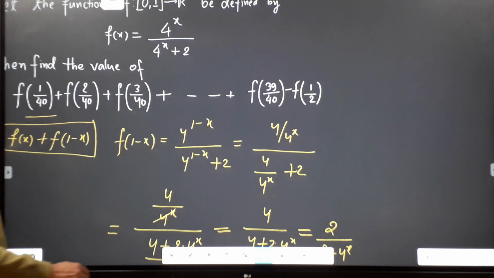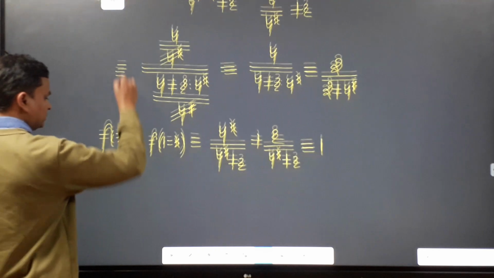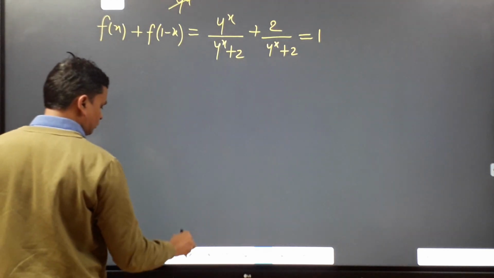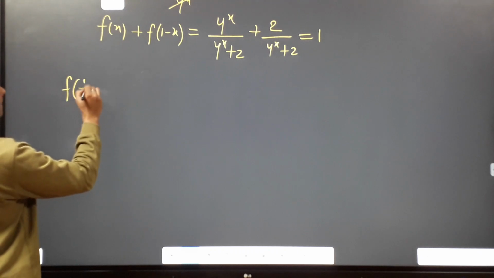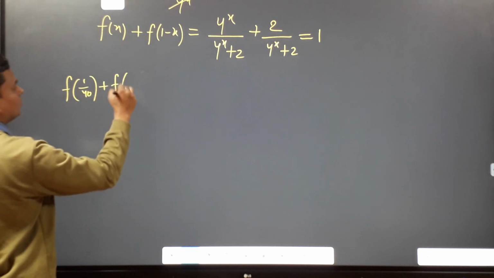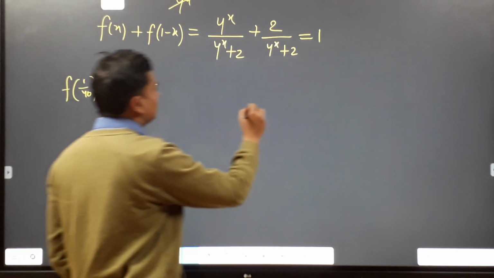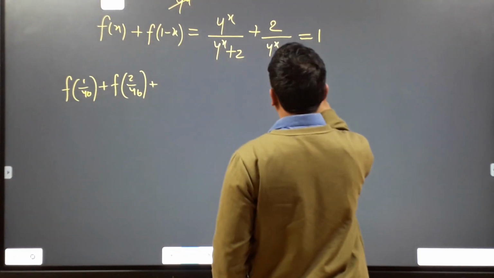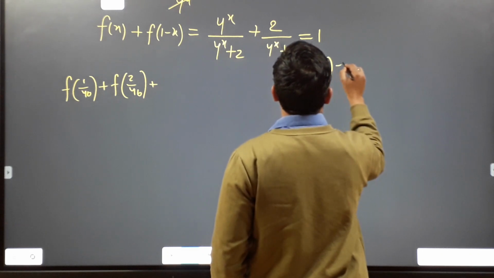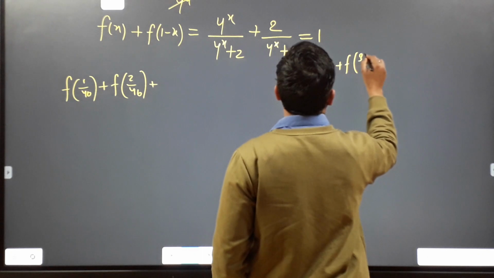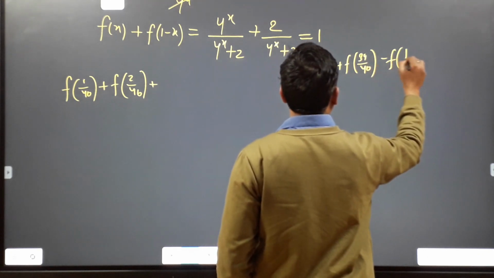Similarly, if we proceed, we have f(1/40), f(2/40), like this till f(38/40) plus f(39/40), minus f of half, which was given in the question.